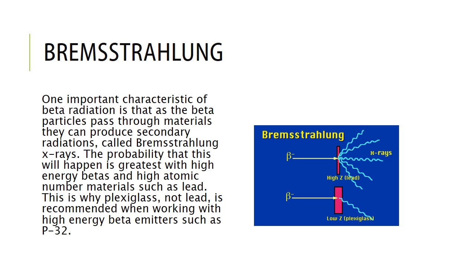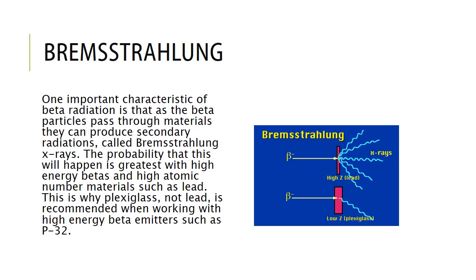And then again, with the Bremsstrahlung radiation, I don't know that I actually talked about why Brems is not necessarily considered a good thing in general nuclear medicine. For beta particles, as they pass through materials, they can produce secondary radiation called Bremsstrahlung, or breaking radiation.